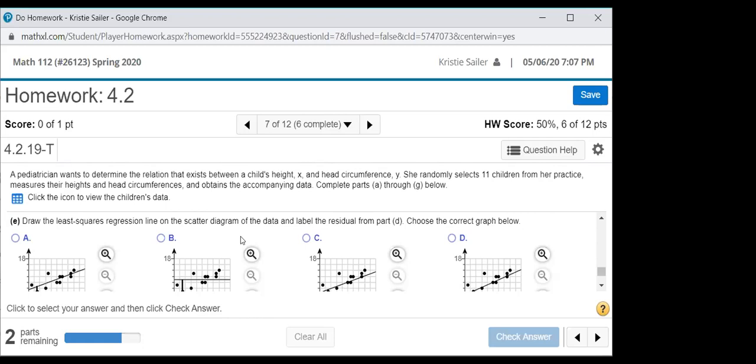Then go to zoom 9. Okay, so if you look at my share screen here, I'm going to temporarily stop your screen sharing and show you this.